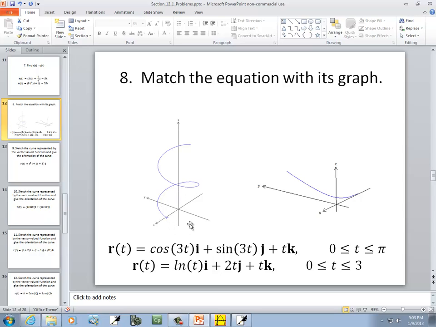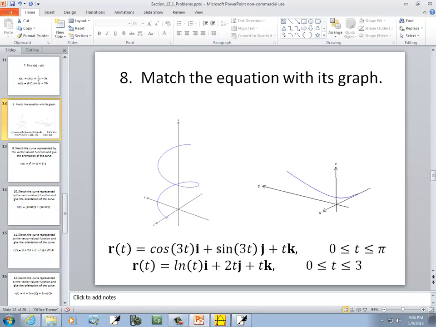Now, of course, you can have the t represent time if this was simulating or even modeling something in real life. So here it hasn't started, and then it comes around here and starts twirling around. Well, we kind of know just by looking at this which one's which.